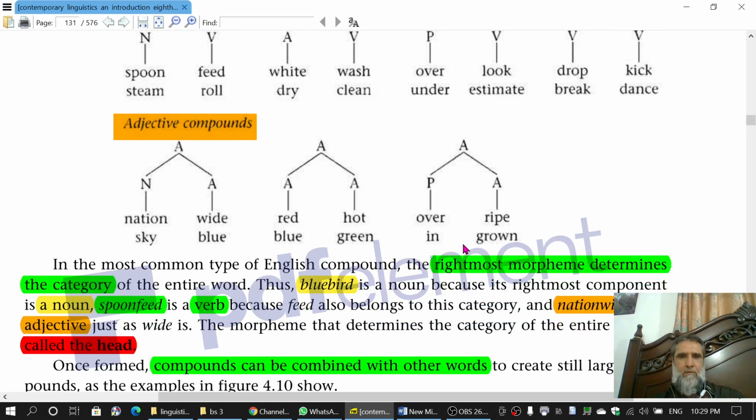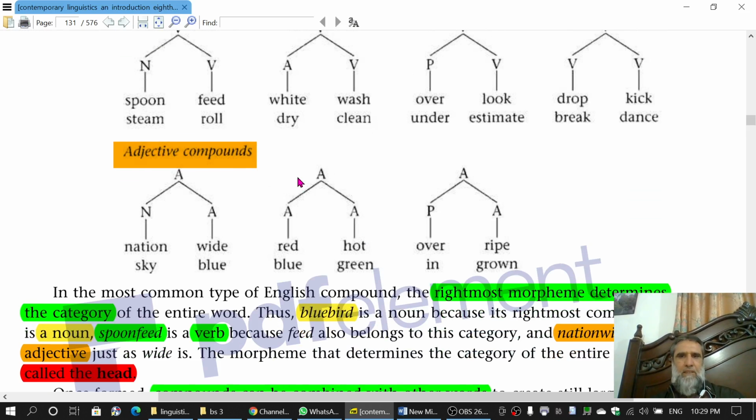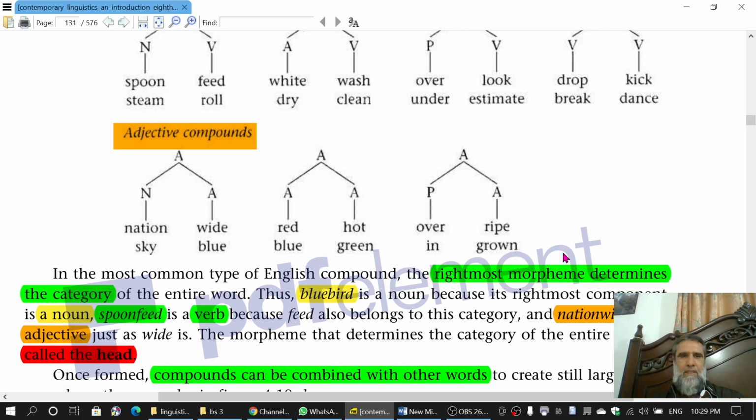The important thing to note here is that the rightmost morpheme, for example, in spoon feed, feed is the rightmost; in steamroll, roll is the rightmost. These rightmost morphemes actually decide which category the word should belong to.